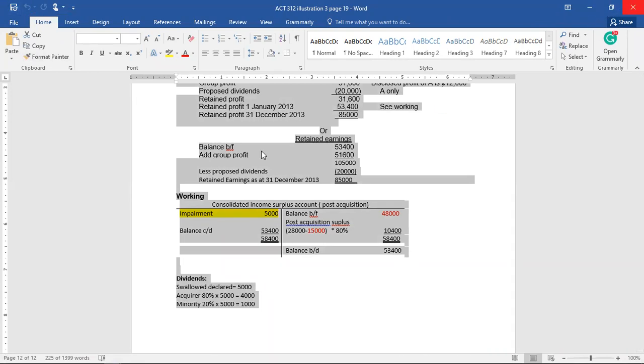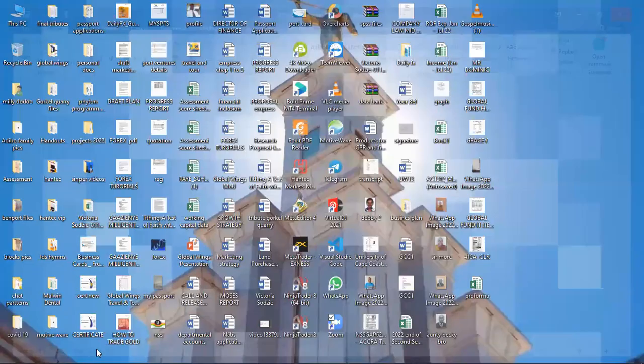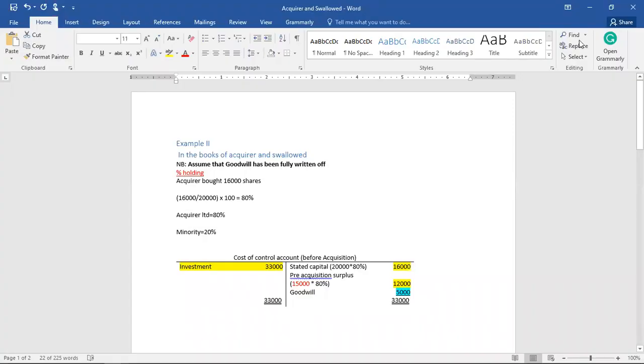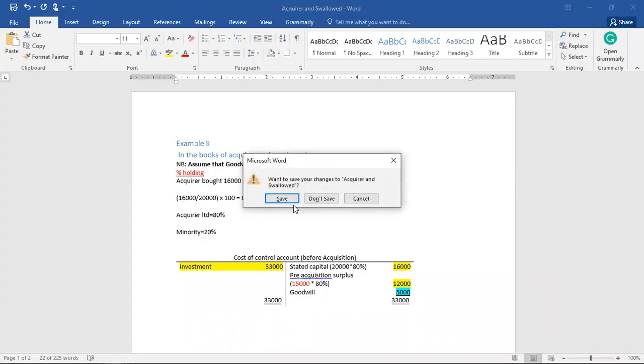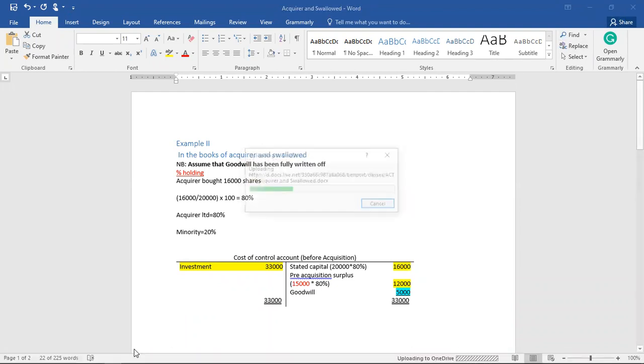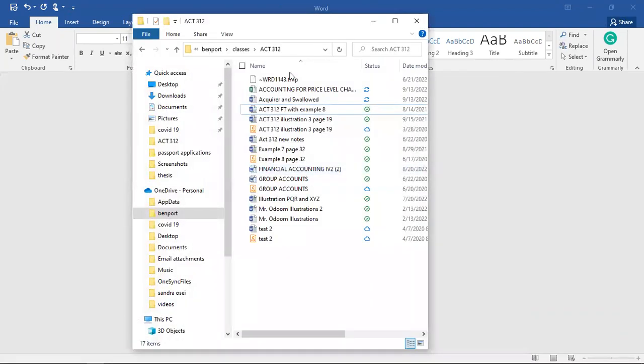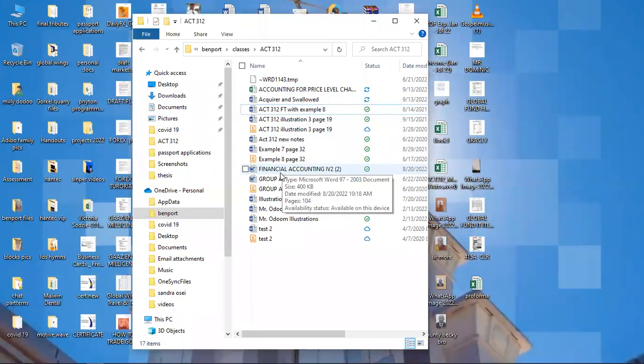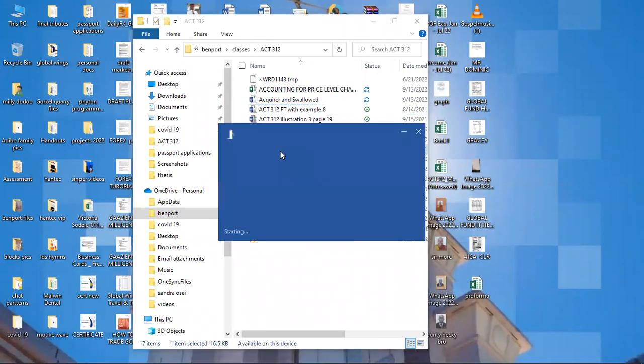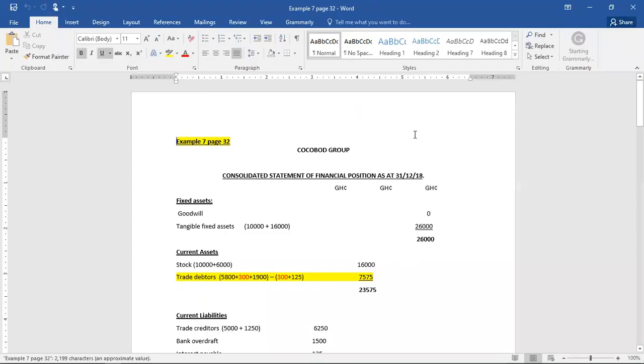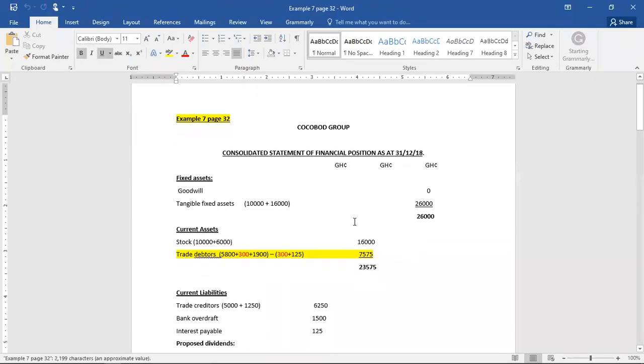So let's look at that particular illustration on page... so yeah, this is example 7. I think we solved it in class.